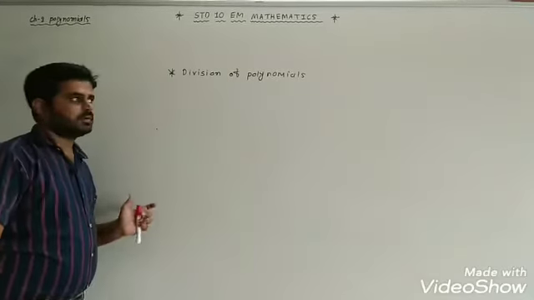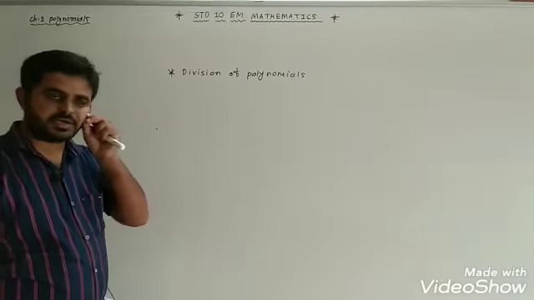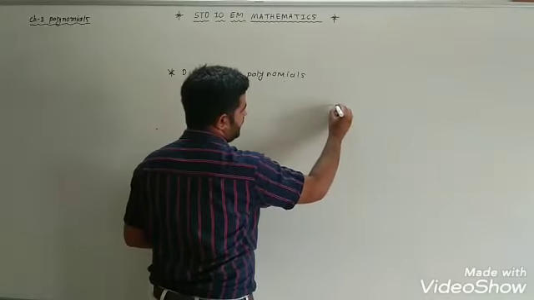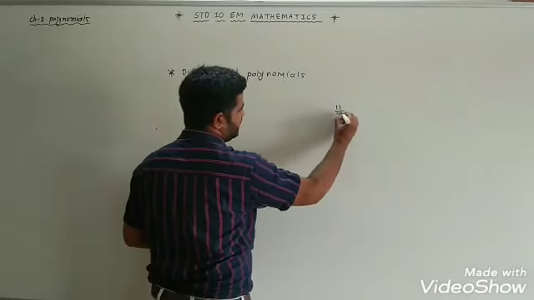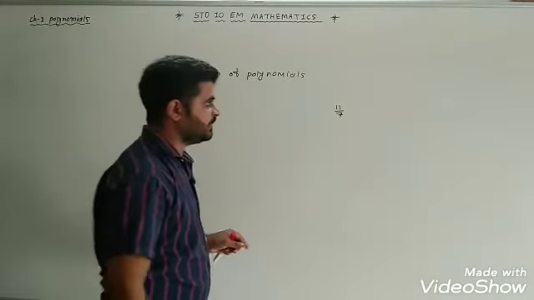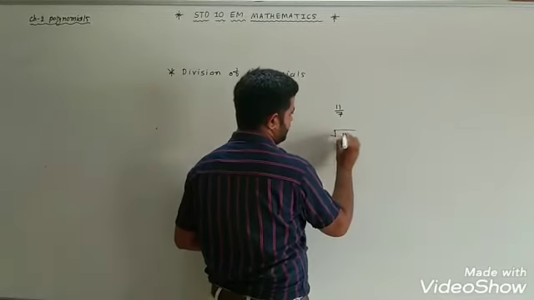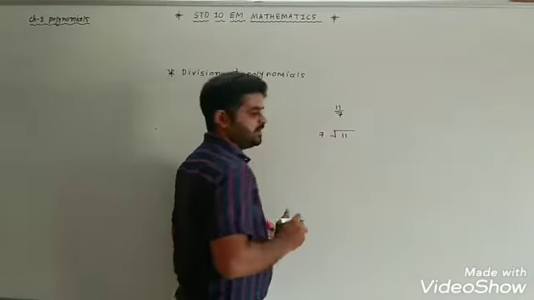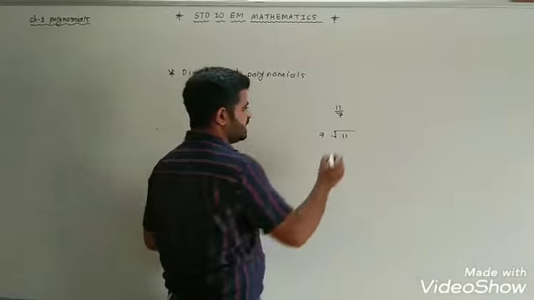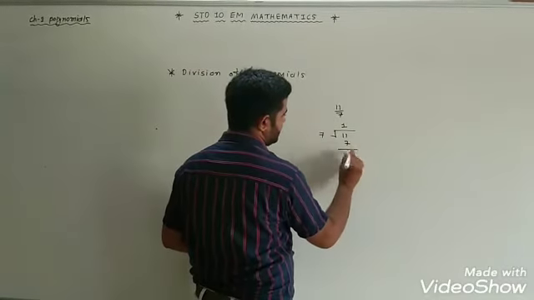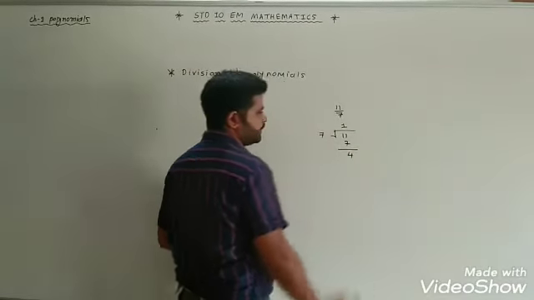Okay, to understand this concept, let us understand first one example. Suppose we have 11 divided by 7. Okay, and if we do the division, here is 11, here is 7. 7 ones are 7, and we got here remainder 4.